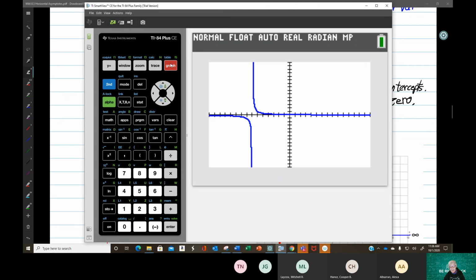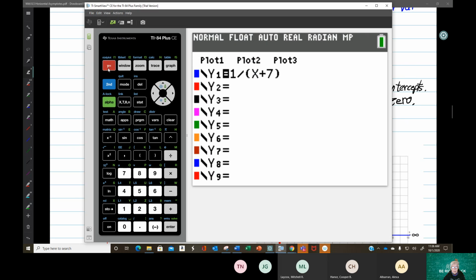It's the same basic thing. On my calculator, I'm sorry, but on my calculator you can actually see the hole.